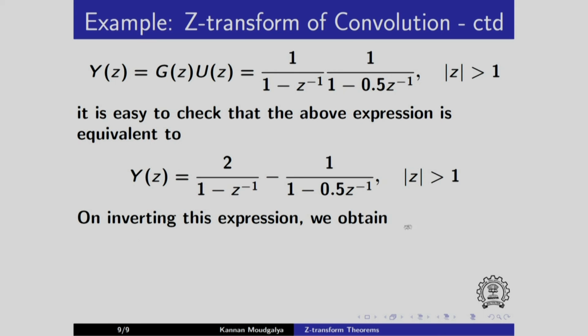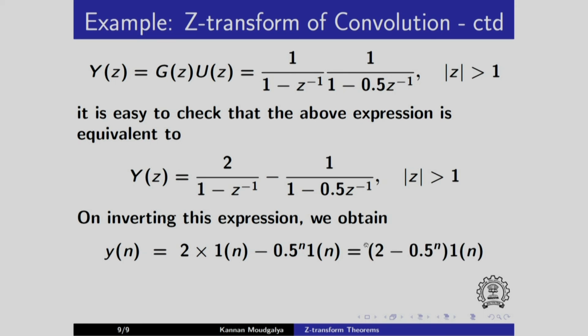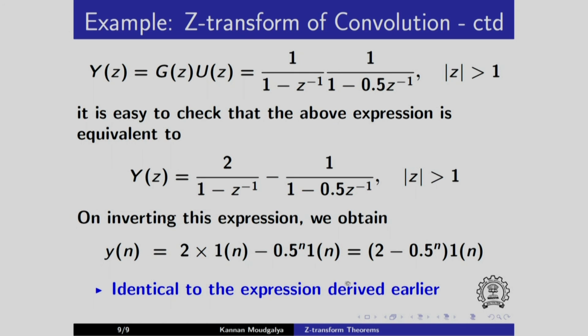On inverting this expression, we obtain this is the z transform, this is 2 into 1 power n minus this is 0.5 to the power n into 1 of n. This comes from the very definition of z transform. When I simplify this, it becomes 2 minus 0.5 to the power n into 1 of n.